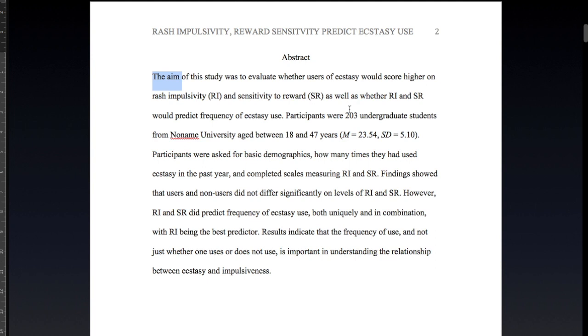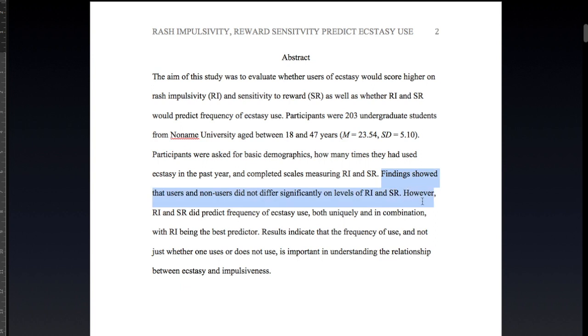The study was to evaluate whether users of ecstasy would score higher on rash impulsivity and sensitivity to reward, as well as whether RI and SI would predict frequency of ecstasy use. Then I just quickly state, so that's all one sentence, then I quickly state the participants, describe them in one sentence, in another sentence I show what it is that we ask the participants to do.